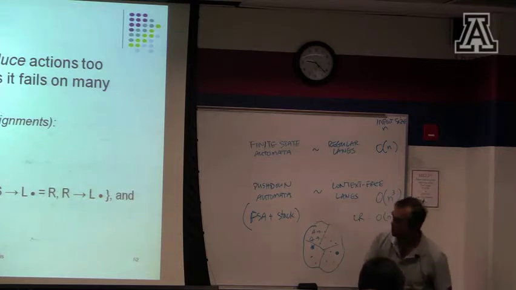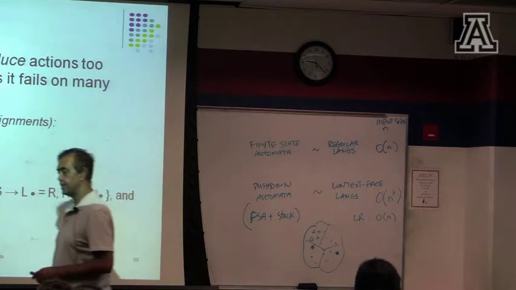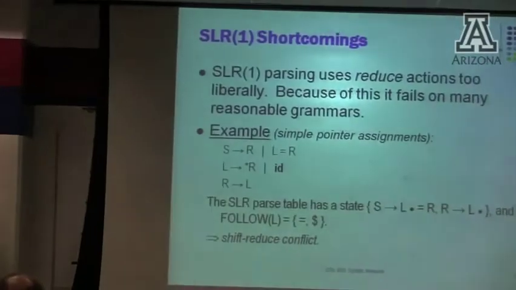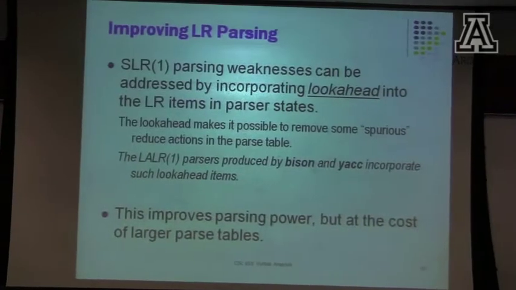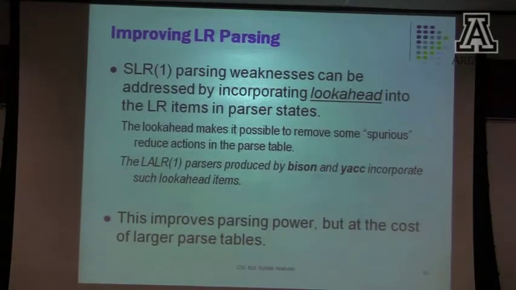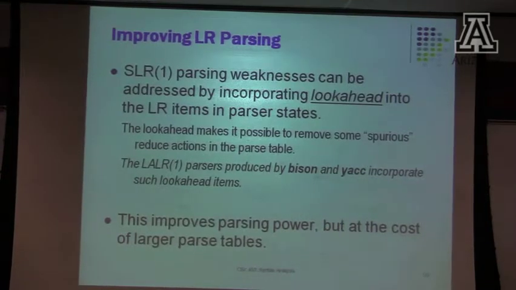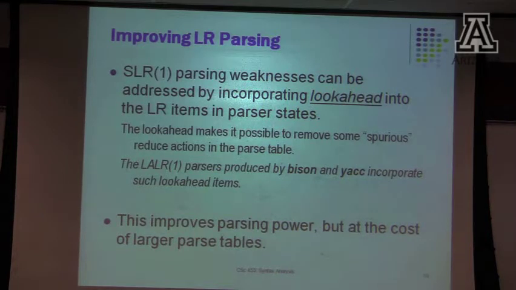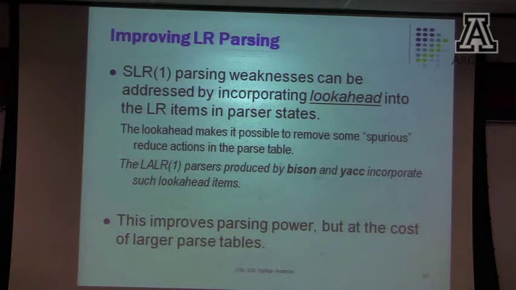So that's the intuition, that we can enhance the LR parsing algorithm by somehow splitting up states into more states. Each state gets split into more states. So the parser has a lot more states, but hopefully there are fewer conflicts. And the way we do this is by incorporating something called look-ahead tokens into the items themselves. Okay? So previously, when we were discussing SLR1 parsing, we had what we called LR0 items, right?